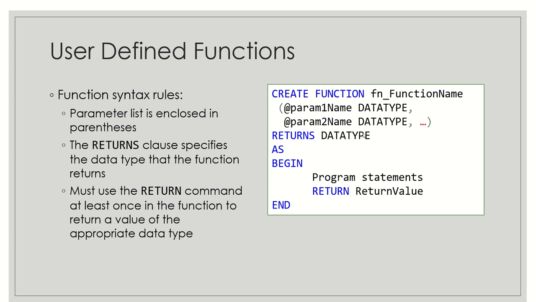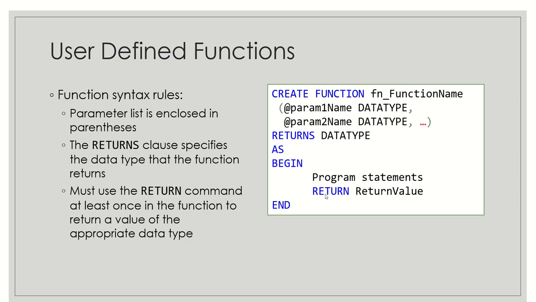After we finish the function header, we start off with as, and then we can use begin and end to enclose the function statements. If the function only has one line of code, you can leave the begin and end out. They act kind of like brace brackets to enclose the program statements.